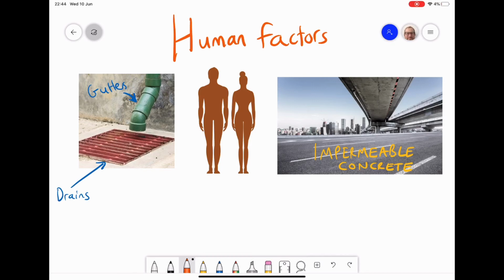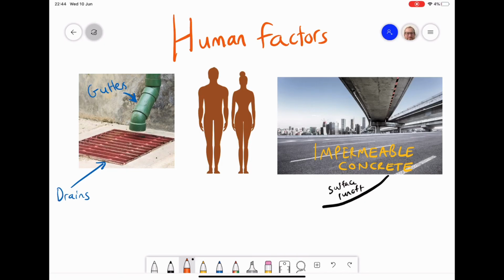Now we can look at some of the human factors that cause flooding. One of the major human factors would be urbanisation in two different ways. So on our right picture here, we've got impermeable concrete. As we know, with any impermeable surface, that would increase surface runoff. On our left here, we've got gutters and drains.